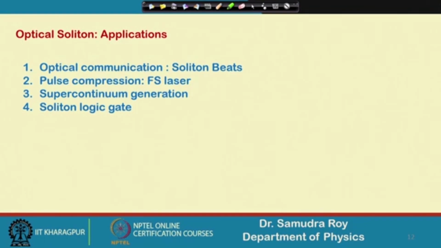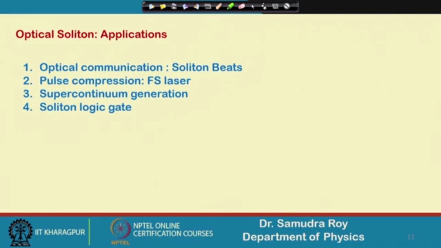Supercontinuum generation is something very important these days, where we can generate an optical spectrum which is very wide, and this can be generated by generating optical soliton.